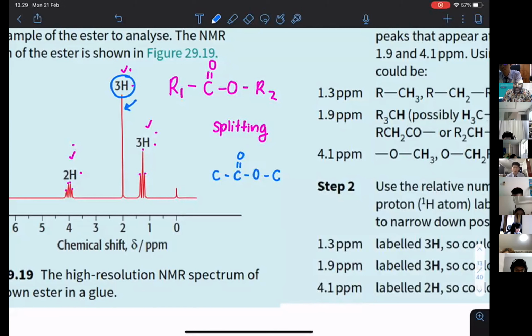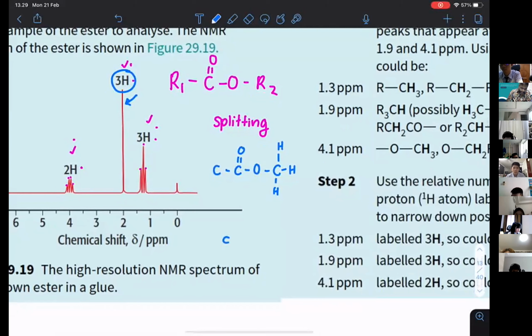In this case, maybe I have two possibilities. Maybe I have CH3 here, 3 hydrogen, beside it no hydrogen, or another possibility, CH3 here, C double bond O, O, then C, I don't know yet. So there are 2 possibilities based on here.